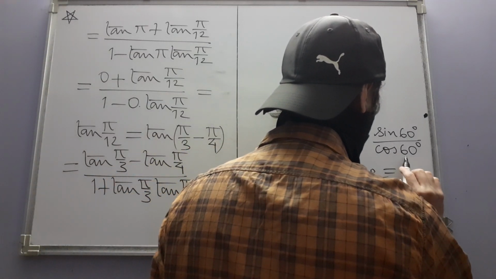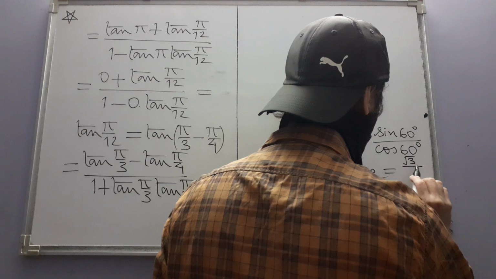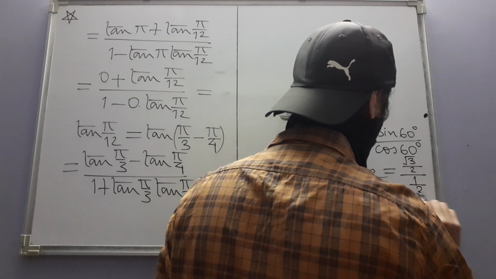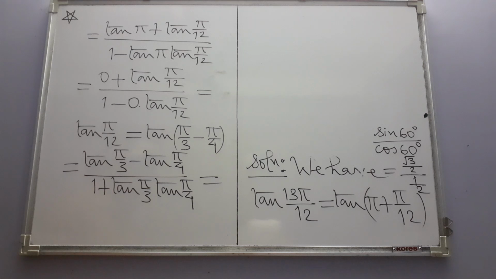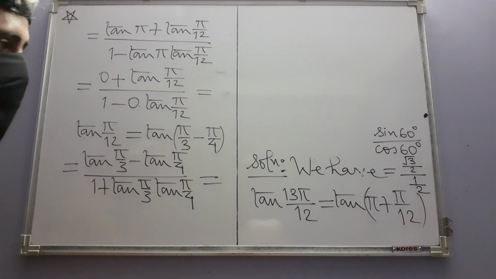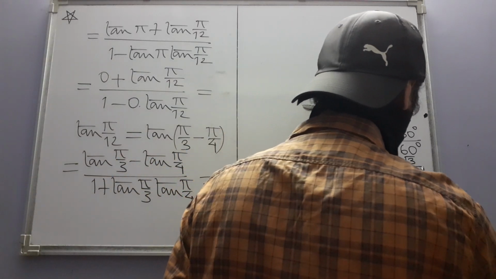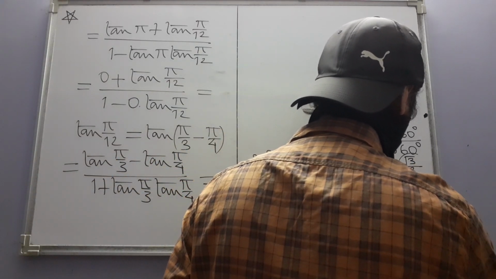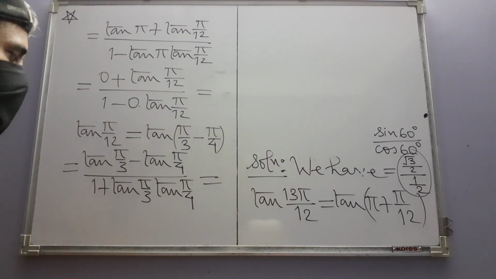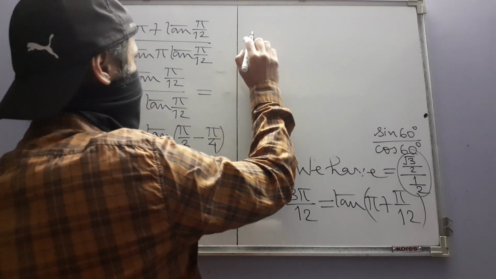Sin 60 is what? Square root of 3 divided by 2 and cos 60 is 1 over 2. Oh, so okay, it is root 3, it is not 1 over root 3. So I was also going to make a mistake. So after you cancel that 2, it becomes square root of 3.